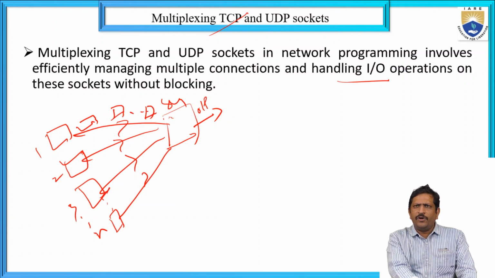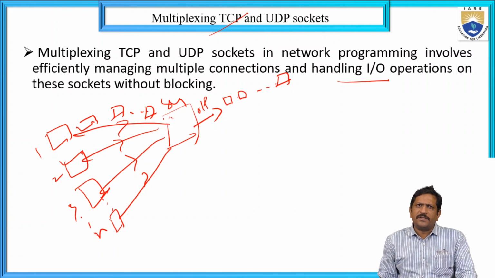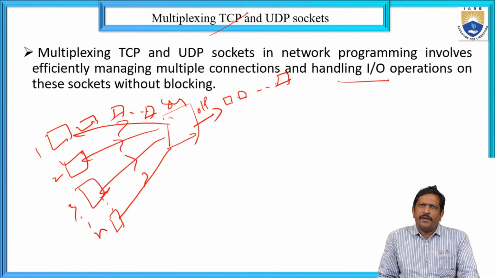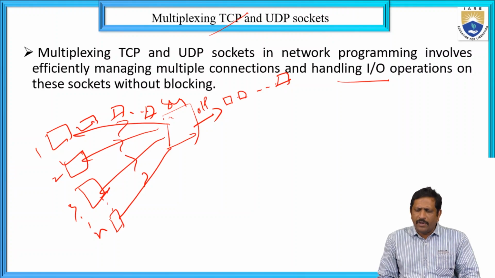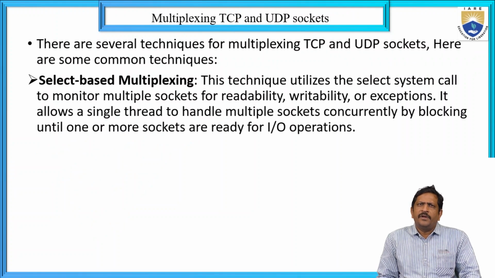These input packets and the delivered output packets can be controlled without blocking. So this is how we can achieve multiplexing of TCP and UDP sockets in network programming.